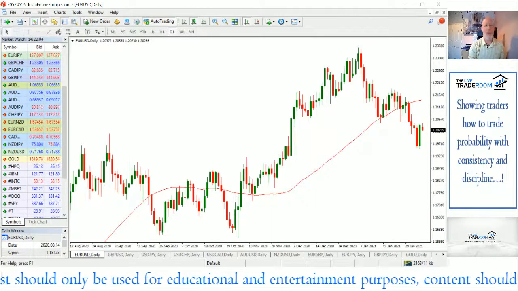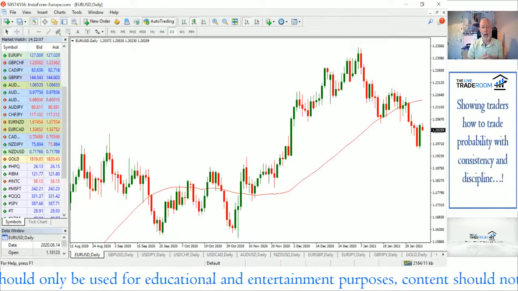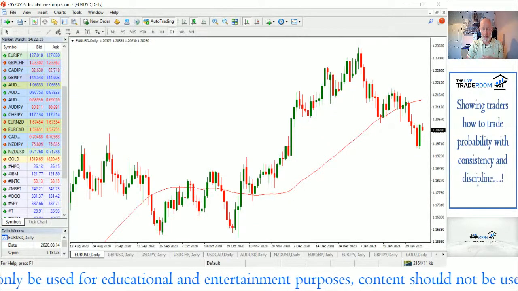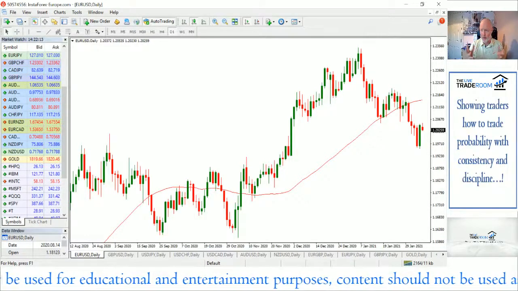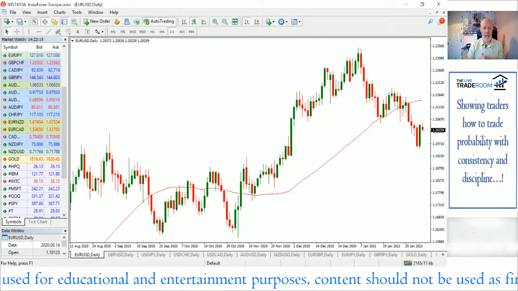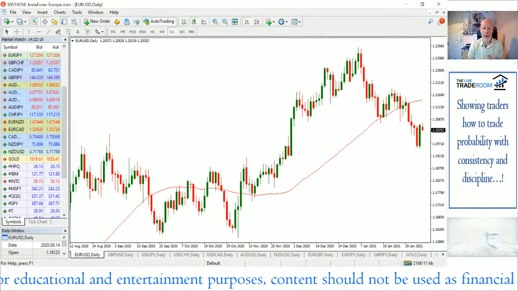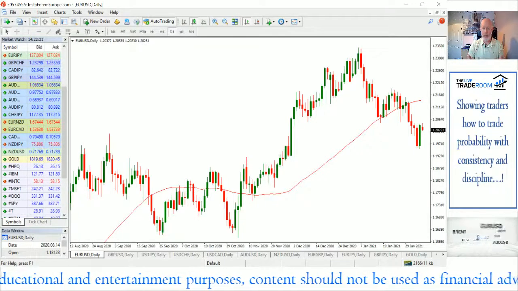So we want to trade the most liquid markets in the world. So we're talking about our foreign exchange markets. We're talking about 6 trillion in exchange on a daily basis. Very, very liquid, very volatile, gives us great opportunities.